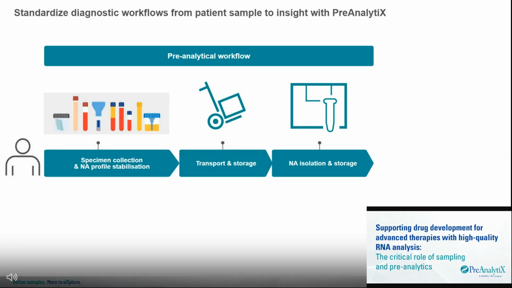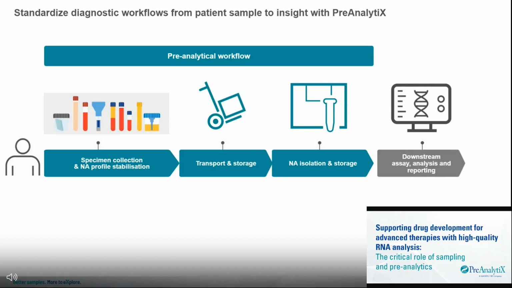And after the pre-analytical workflow, we have the analytical part of the workflow. That basically means the downstream assay, the analysis of the RNA by, let's say, RT-PCR, could be RNA-seq, NGS, also droplet PCR as well. And then the data is analyzed and reported back to the physician or the patient.